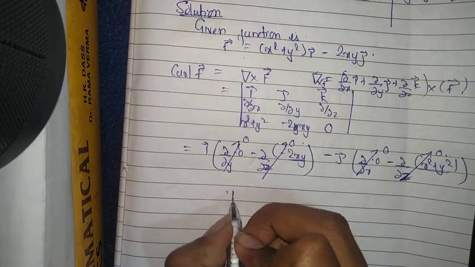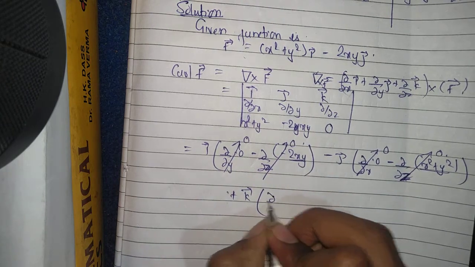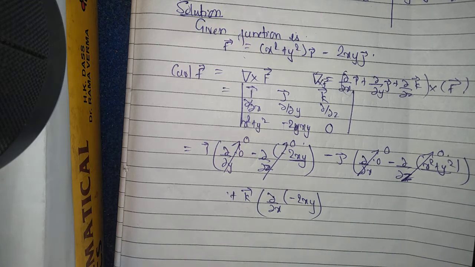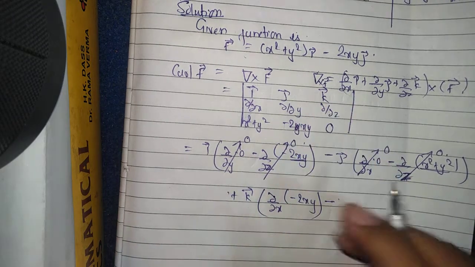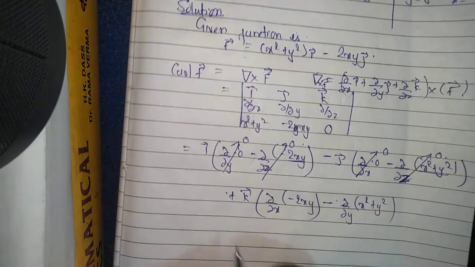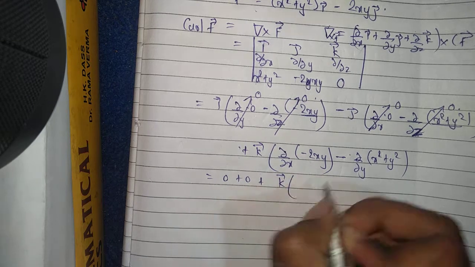Now plus k vector, del by del x of minus 2xy minus del by del y of (x² + y²) equals 0 plus k vector.